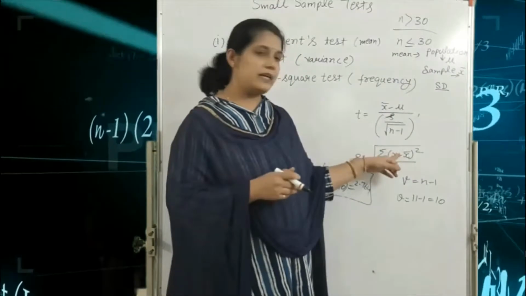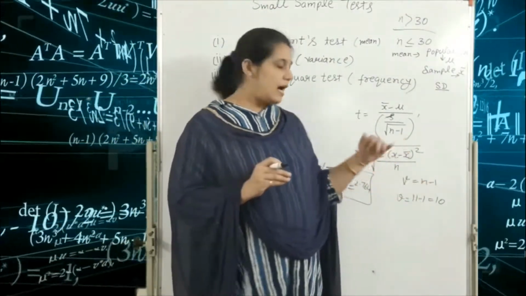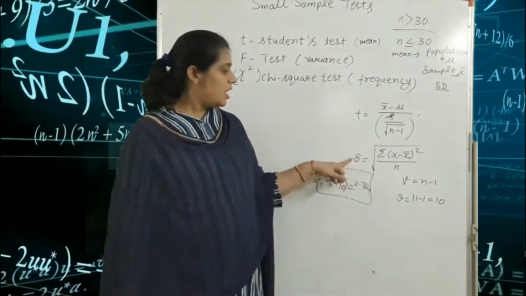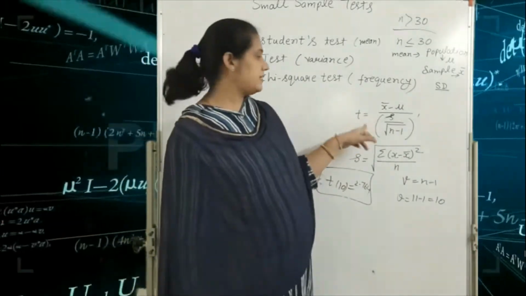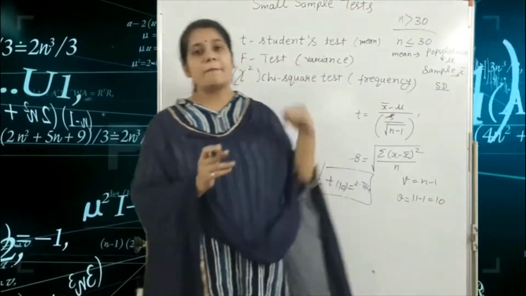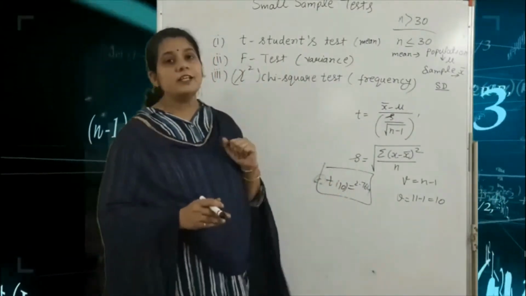So we get the x bar. Here n is equal to 5. After that we find the small s, that means the standard deviation according to your sample, and put all these values and get the value of t. This value is compared with the value already given in your question.